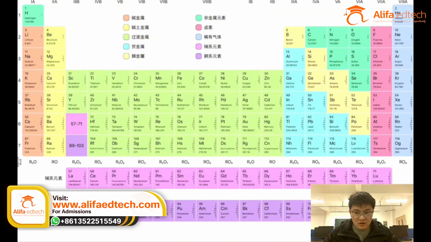Among other problems of this type that we may encounter, we need to hold 2 points. The same horizontal line is called the same period. The same vertical line is called the same group. Also for the main group, what we need to emphasize is that the sequences 1, 2, 3, 4, 5, 6, 7, we call these the main groups.